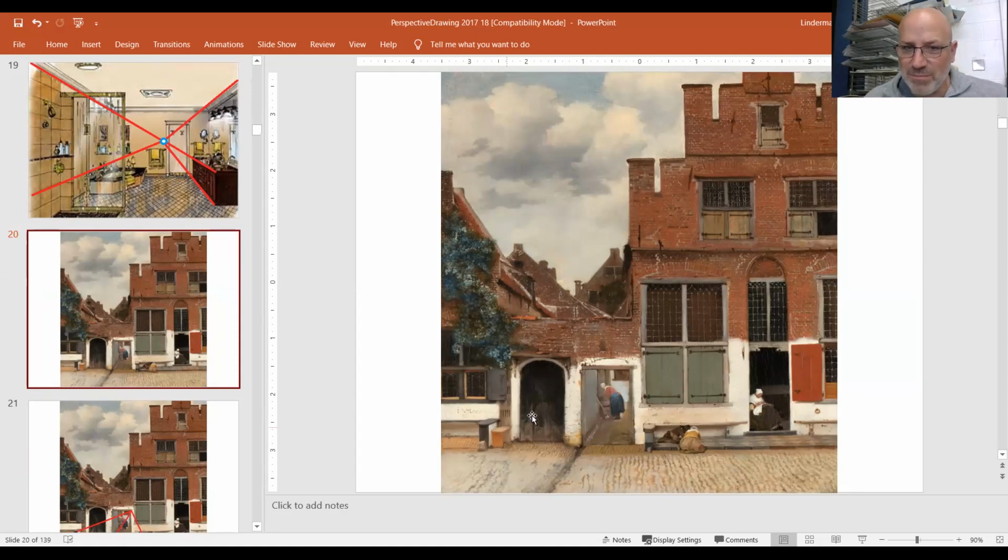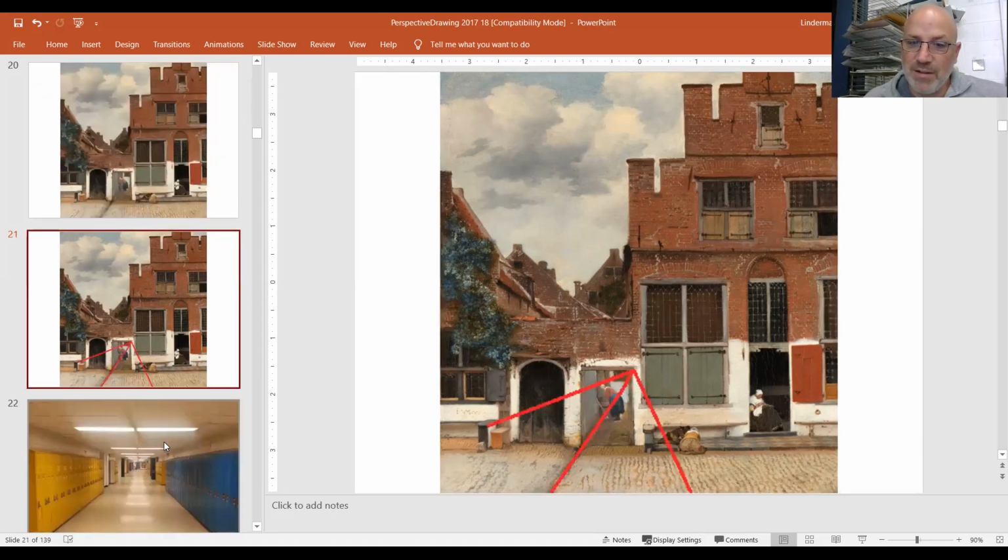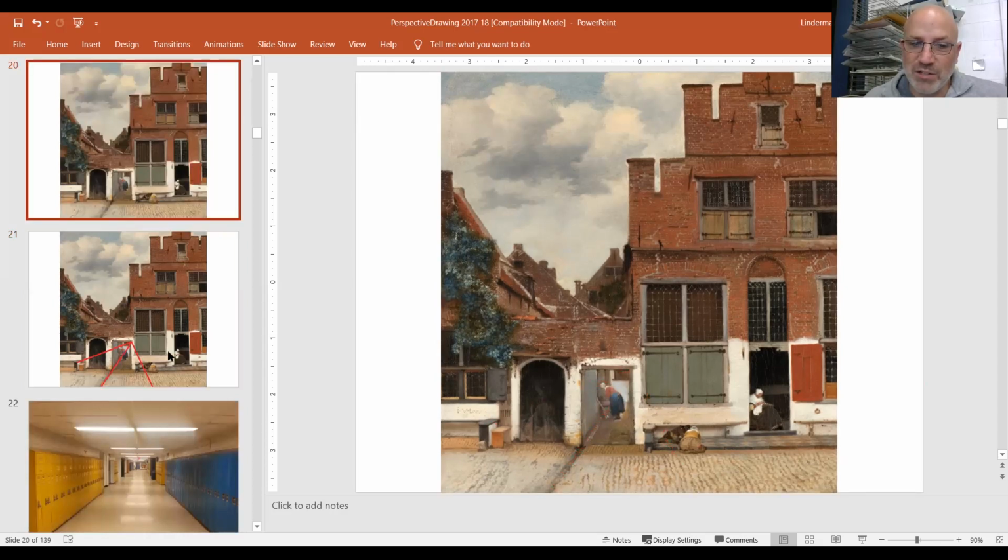Ooh, right off of these little, looks like benches, there's some lines leading your eye back in space. So put your finger where you think the vanishing point might be. And in 1, 2, 3, boom, oh, over there. So all you need to do is simply follow lines going back in space to locate that vanishing point.